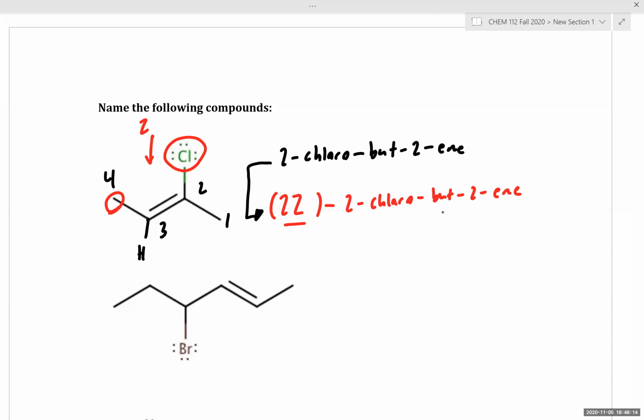Does this naming convention make sense? Does everyone see where we're getting these names for this haloalkene species? Does this make sense to everyone so far? The 2Z is indicating that this alkene is a Z alkene.